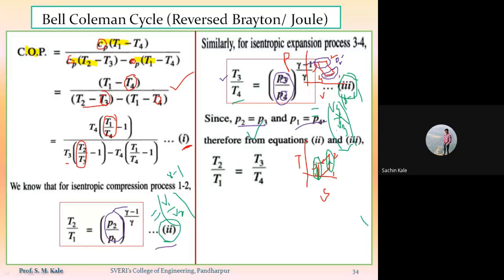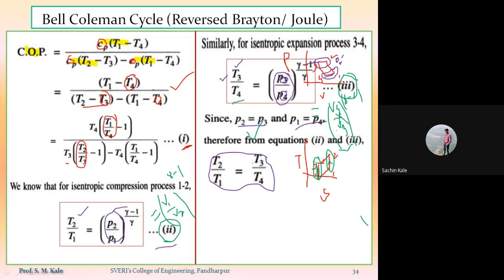So as the right hand side of both the equations are the same, I can equate the left hand side. So by equating the left hand side, the left hand side is nothing but T2 divided by T1, and here T3 divided by T4. So T2 by T1 is equal to T3 by T4. Are you getting? Yes or no?